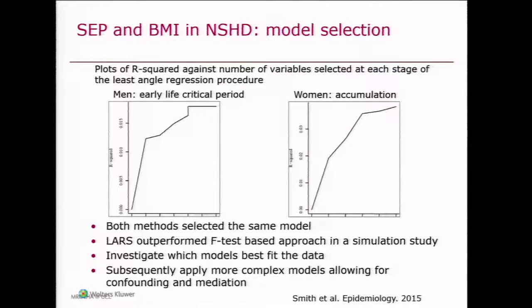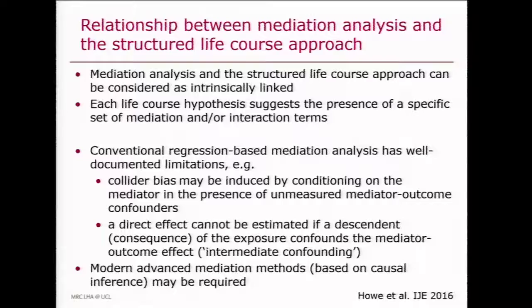Going back to the causal model, we think this is a good way to investigate which model fits the data best, but subsequently you might want to apply more complex models, allowing for confounding and mediation. This is also a paper that we've been involved in with the Bristol group in the current IJE, where we've shown that there is a relationship between mediation analysis and this structured life course approach, so they can be considered to be linked, and each life course hypothesis suggests the presence of a specific set of mediation or interaction terms.